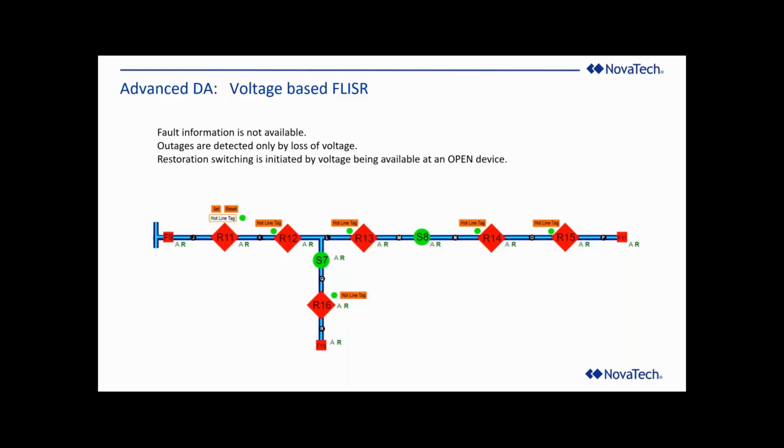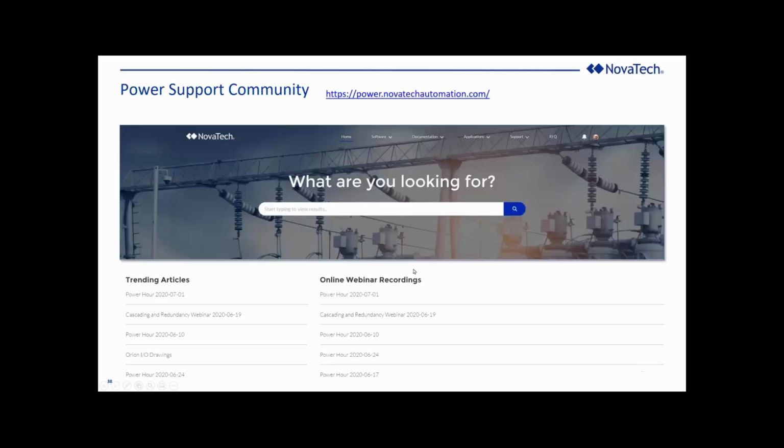And in his application, the utility he came from, they had a rural system that they were not allowed to get information from the substation feeder breakers. So they implemented a DA system simply on a loss of voltage that occurs on the system.